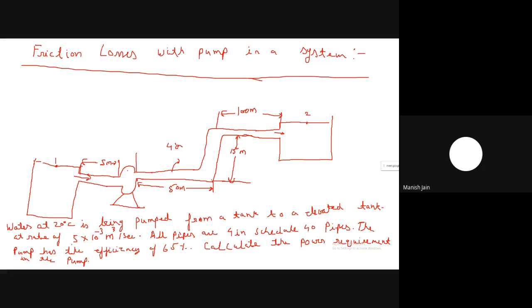So what I am doing, I will do the mechanical energy balance between these two points, point 1 and point 2. The equation will be written as 1 by 2 alpha (V2 square minus V1 square), where V1 and V2 are the average velocities, plus g (Z2 minus Z1).